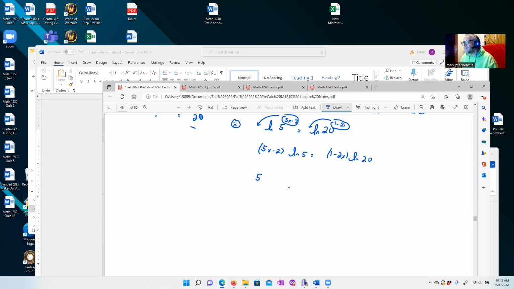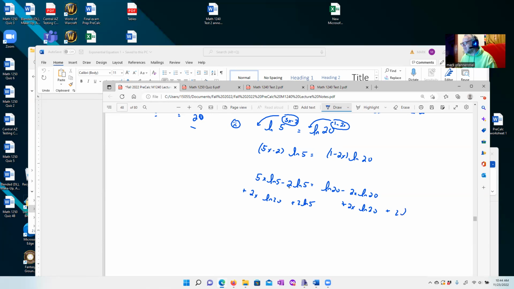So we have 5x ln 5 minus 2 ln 5 is equal to ln 20 minus 2x ln 20. The whole point now is to shuffle this so we get all of our x's off to one side. So we add 2x ln 20 to both sides, and add 2 ln 5 to both sides.